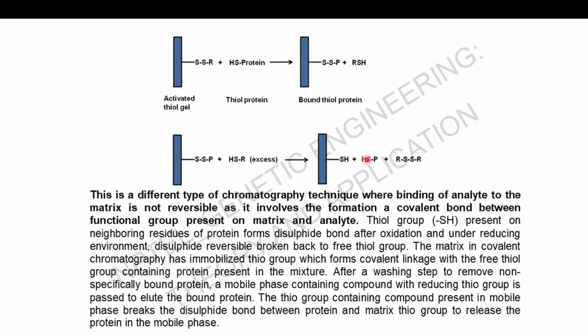And then what happens here is the thiol group containing compound present in the mobile phase breaks the disulfide bond between the protein and the matrix here. This is SSP. P is the protein here. Okay. And it breaks the disulfide bond between the protein and the matrix to release the protein in the mobile phase. Okay. So basically the buffer that is passed through plays a huge role here.